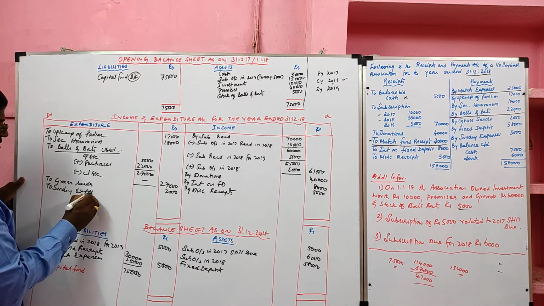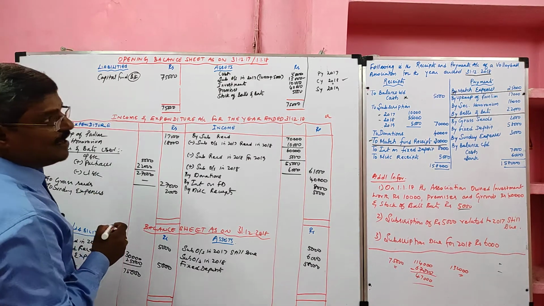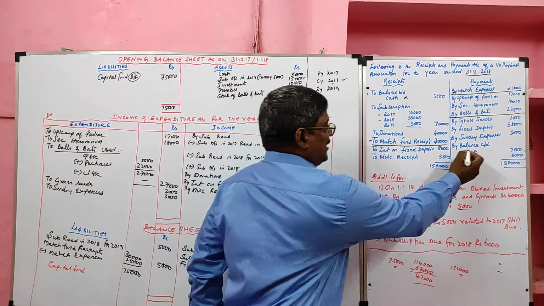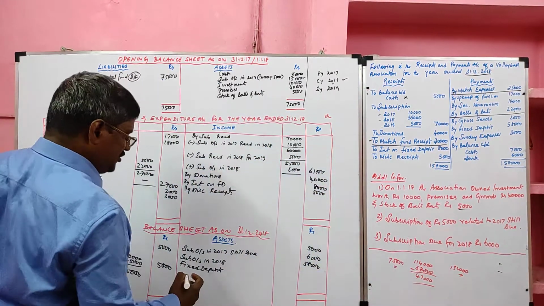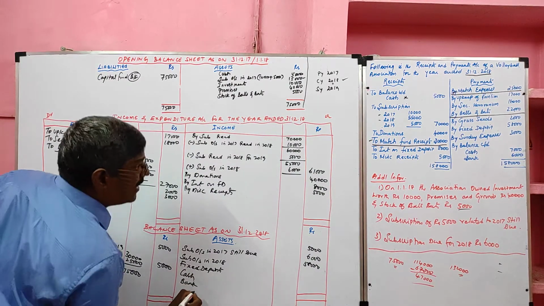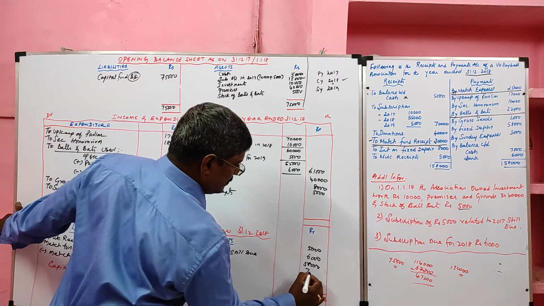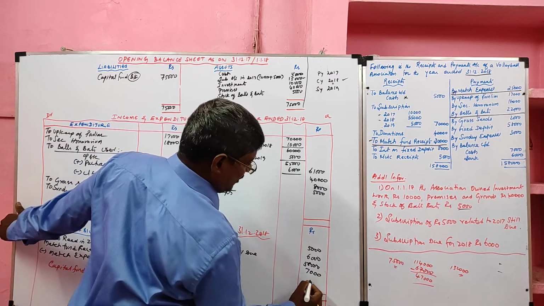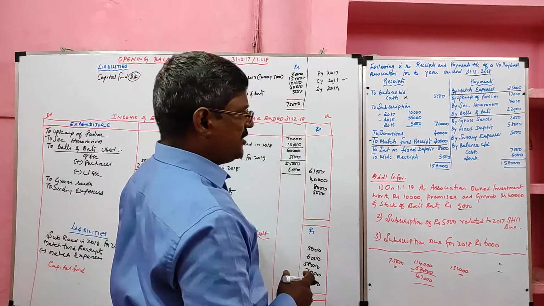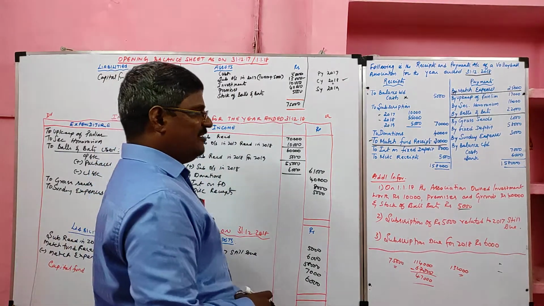Sundry expenses recorded in the expenditure side, value 3,000. Then we have closing cash and bank. It goes to the balance sheet asset side. Cash and bank. Cash value 7,000. Bank value 6,000.